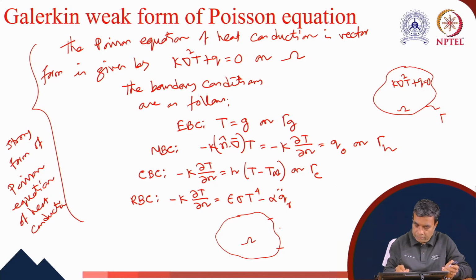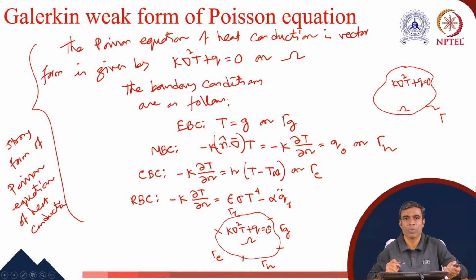So this is gamma g, this is gamma h, this is gamma c, and finally this is gamma radiation, and our governing equation is k del square t plus q equals to 0. Now we shall derive the Galerkin weak form from the strong form, and then we shall use the Green-Gauss theorem to this purpose.